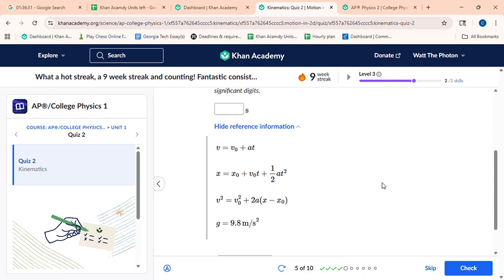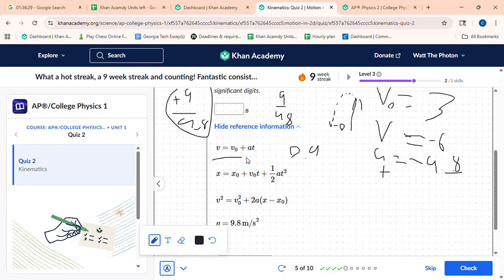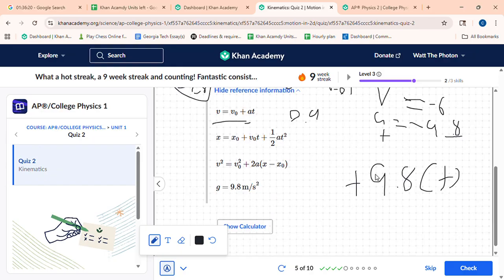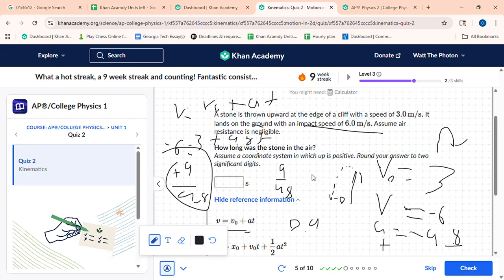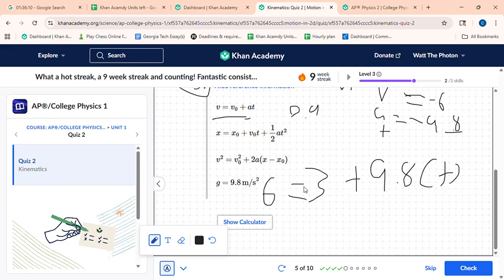Let's look at our information. So this is the equation we want. 9.8 times t plus the initial 3 is equal to 6, the impact speed of 6. Ah, I see. We're going to make this negative.